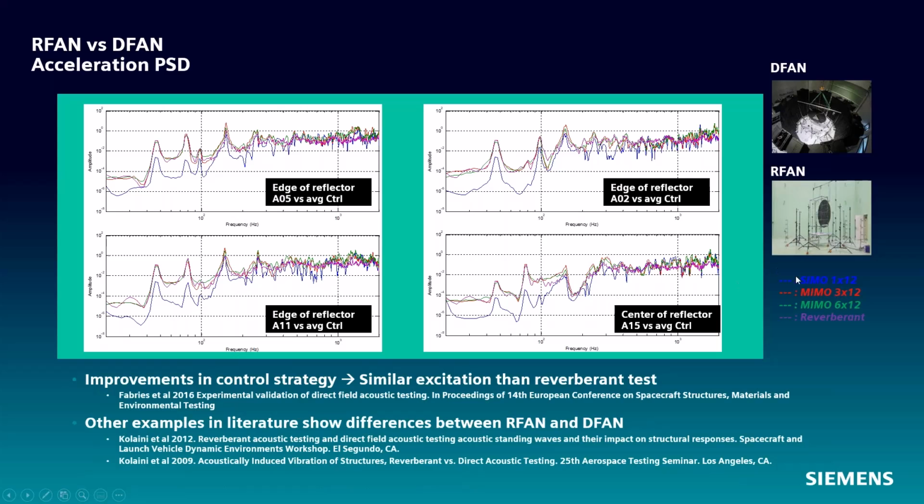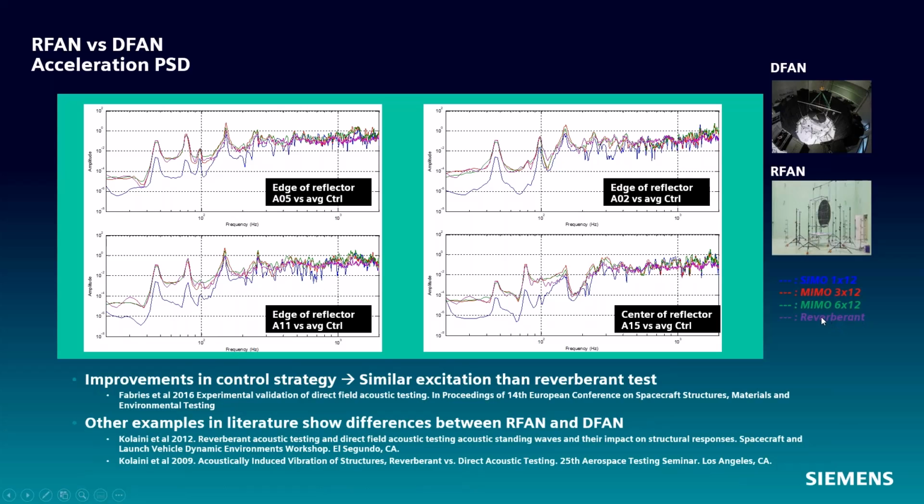Here is an example of the experimental data. You have this SISO approach in blue, the MIMO in red with a 3x12 rectangular control, MIMO in green with 6x12 rectangular control, and then the results from the reverberant chamber in purple.